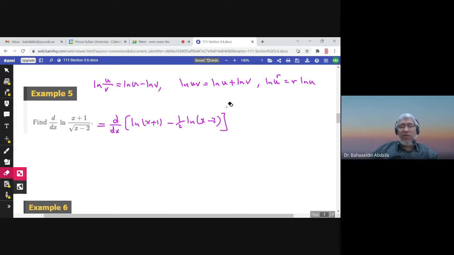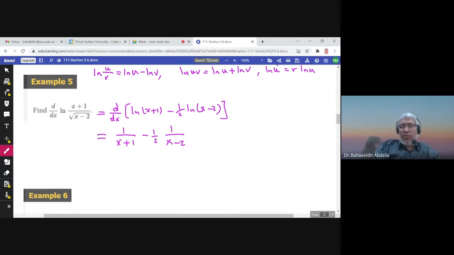If I write the function in this way, then the derivative would be easy. Derivative of ln of x plus 1 is just 1 over x plus 1 times 1, minus half. The derivative of ln of x minus 2 is 1 over x minus 2 times 1, the derivative of x minus 2, and that's it. That would be the answer.